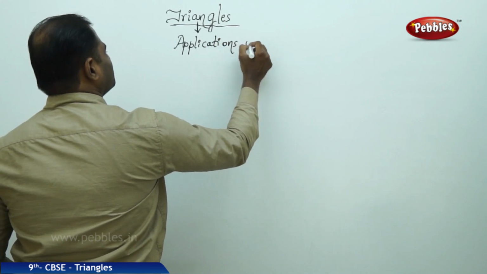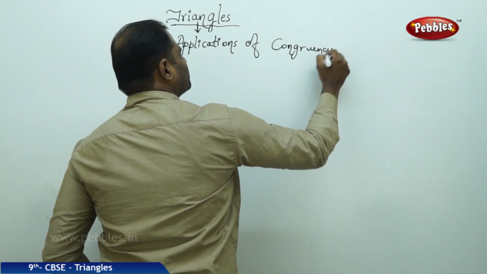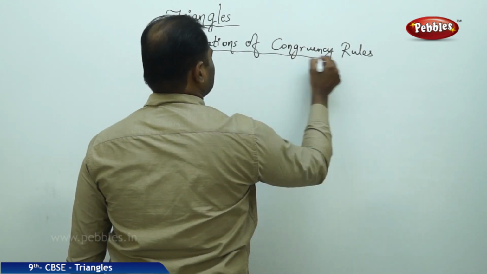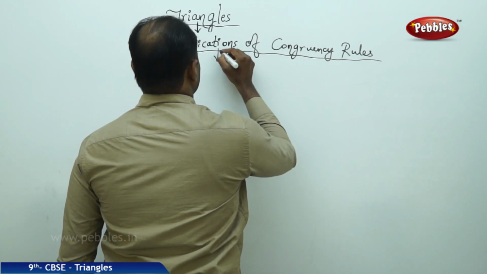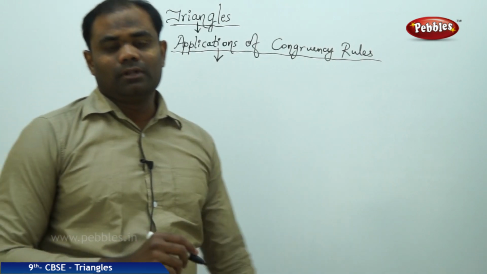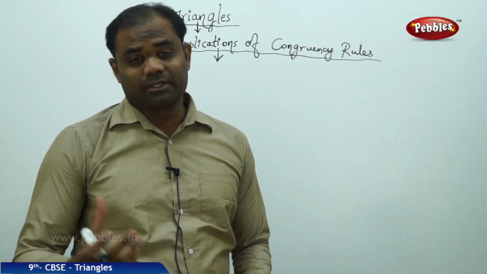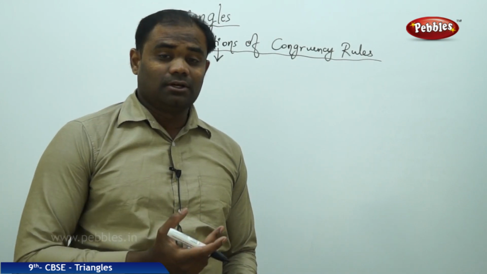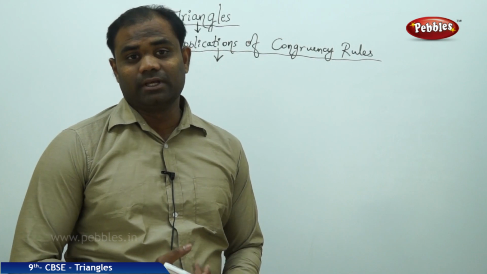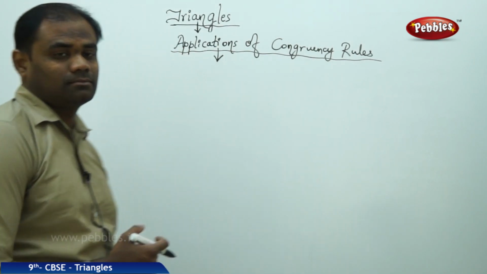SSS, ASA, SAS, RHS, AAS are the various types of congruency rules which we have discussed till date. So let's apply them to problems.